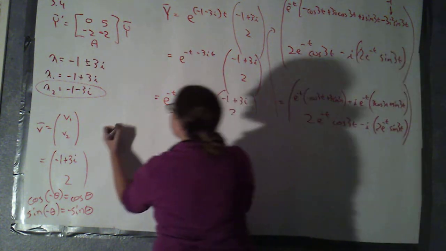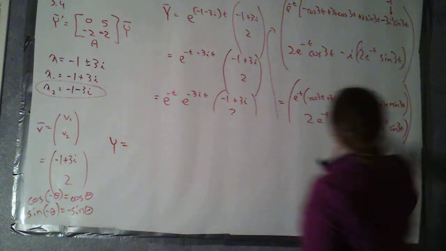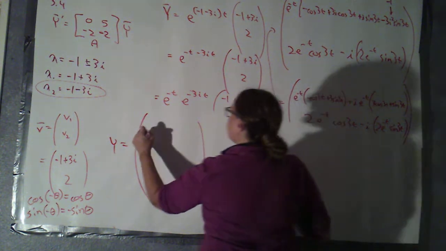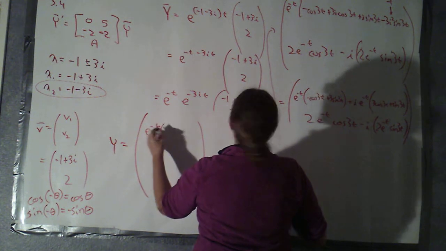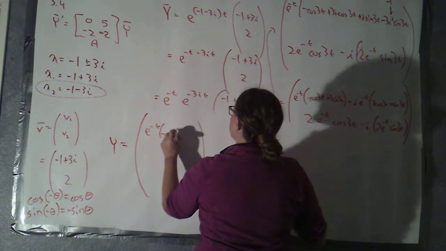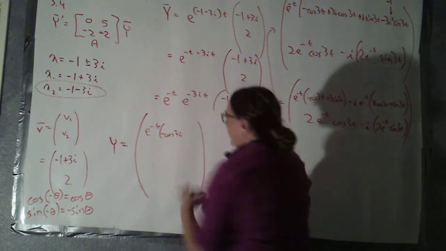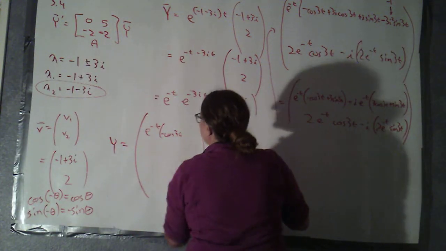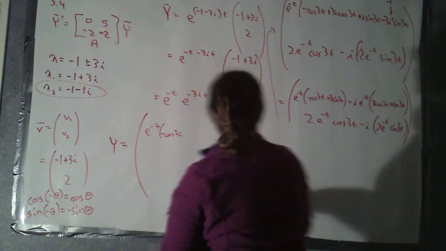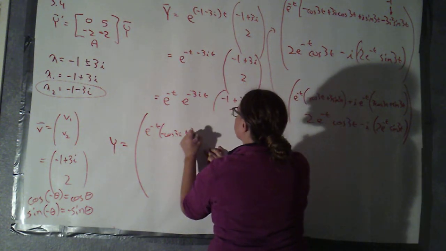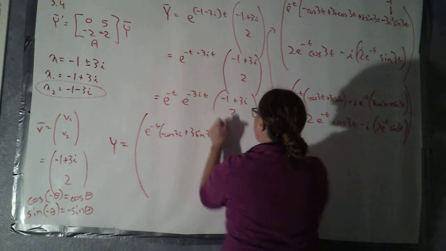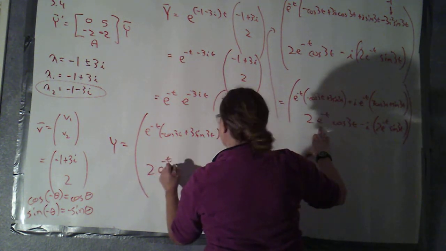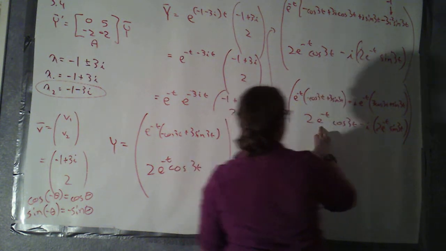So I'm going to take one vector as being my real parts: e to the negative t times negative cosine of 3t plus 3 sine of 3t. This didn't dry very well. And then here, 2e to the negative t cosine of 3t.